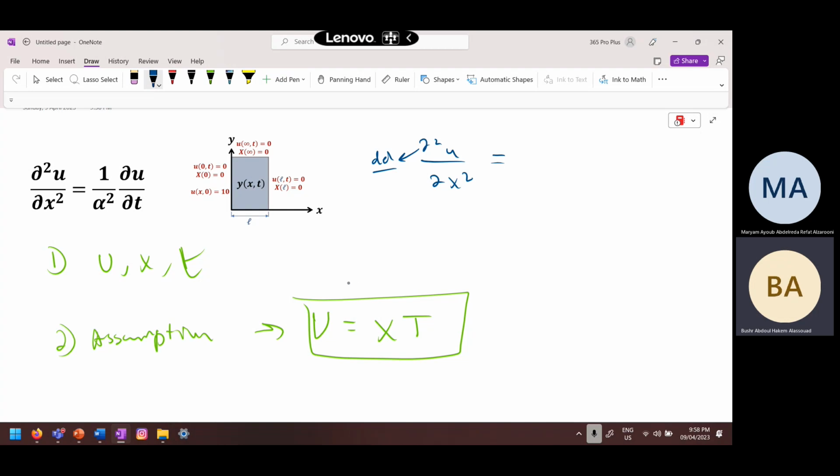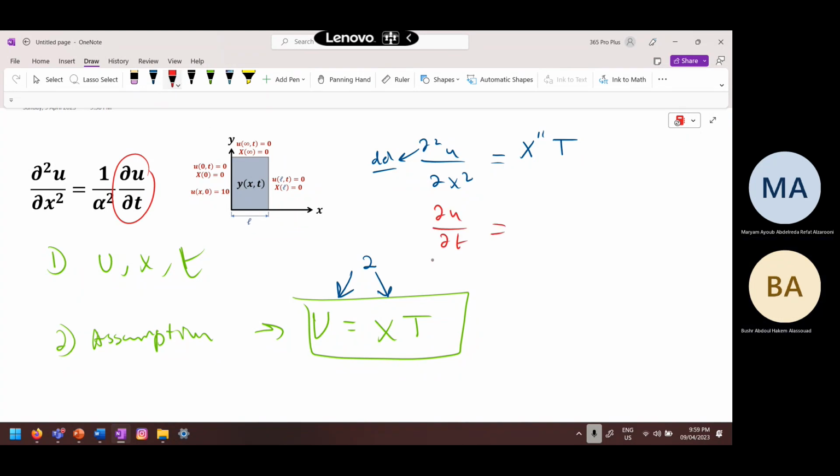You need to differentiate this one twice with respect to x. So you'll get X double prime T. As for the other equation, it's partial u over partial t. You need to differentiate once with respect to t. So you'll get X T prime.